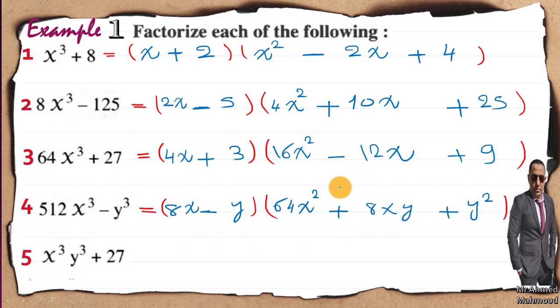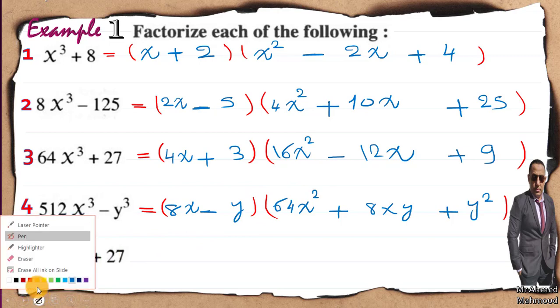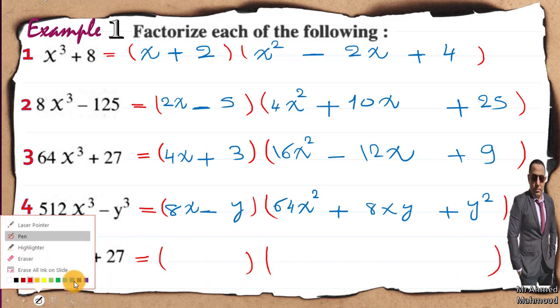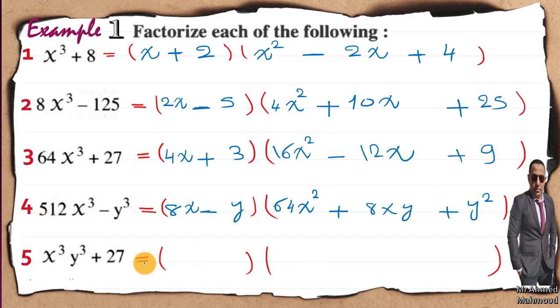Another one. Equal small bracket, big bracket. Here the sign plus, it's opposite minus, and this is always plus. Cubic root x power of 3 y power of 3 equal xy.